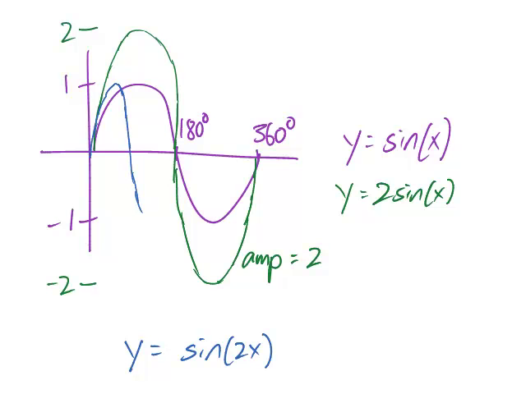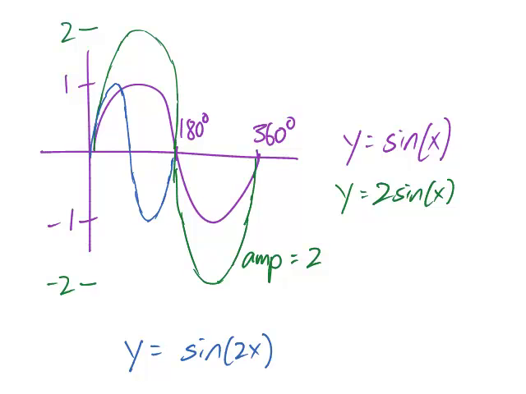Instead of taking 360 degrees to go all the way up, down, and then up again, it's only going to take 180 degrees, which is kind of weird. But when you think about it, 2x, 2 times 180 is 360, so 180 is now the new 360, I guess. And so we're actually contracting this function by a factor of 2.